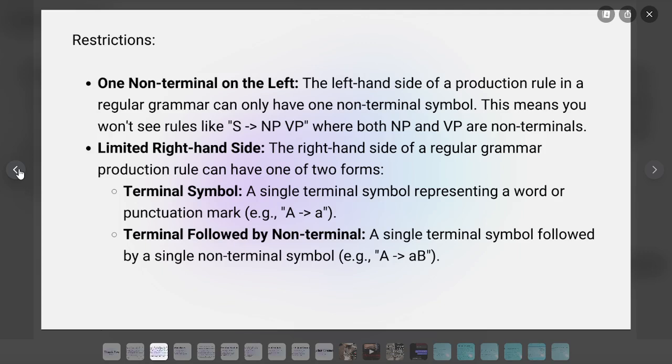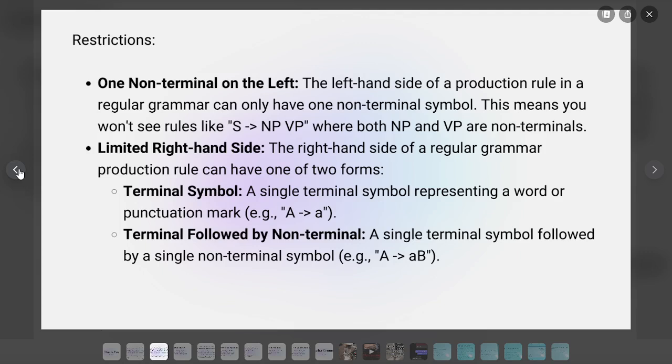The left-hand side of a production rule in a regular grammar can only have one non-terminal symbol. This means you won't see rules like S can replace NP VP, where both NP and VP are non-terminals.